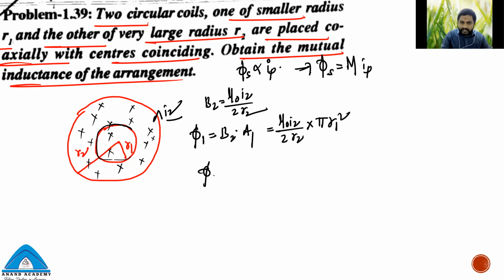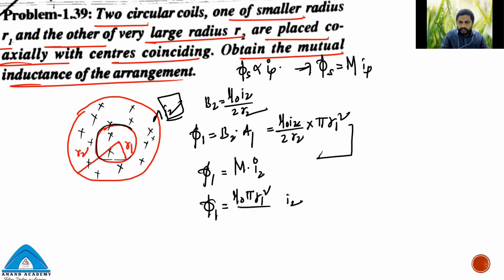So what we get is phi1 is equal to M into current in the second coil, which is the primary coil we have considered. When you compare this equation and this equation, phi1 is equal to M I2, and what is left is mu naught pi R1 square divided by 2R2.